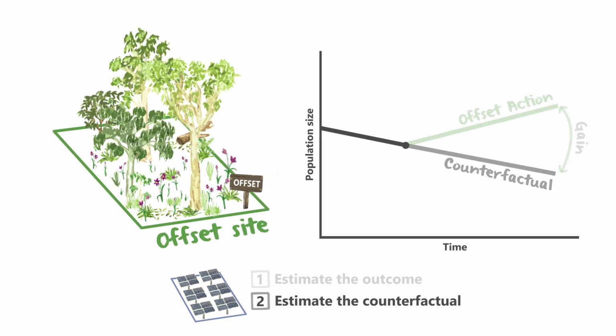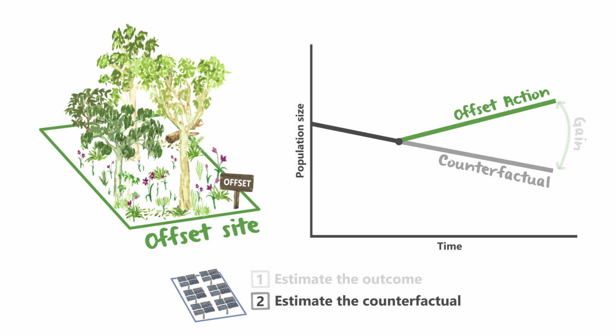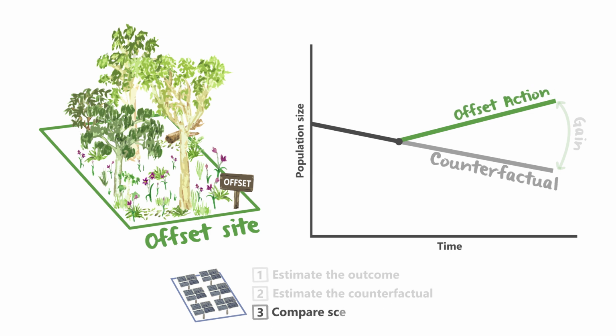Now that we have estimated our offset action scenario and our counterfactual scenario, the third step is to compare these two scenarios, and the gain attributable to the offset action is then determined by the difference between the two.